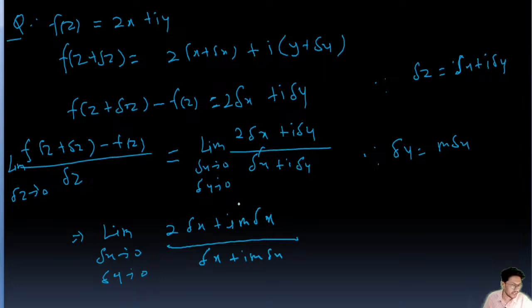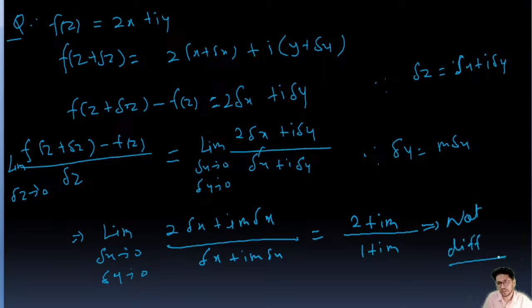From here we'll take delta x common, and delta x is going to be cancelled, and this value is going to be 2 plus im upon 1 plus im, right? So here you can see this is dependent on m, means this is dependent on the path at z equal to z naught, right? So this means it is not differentiable.